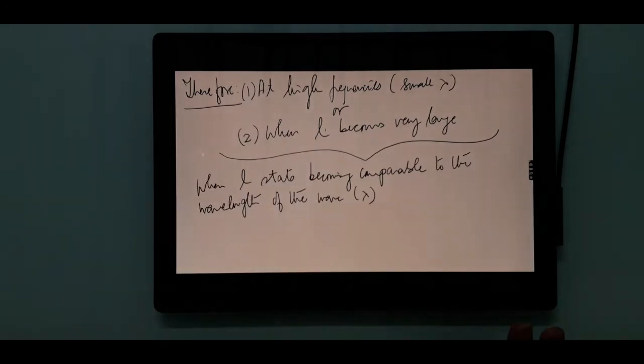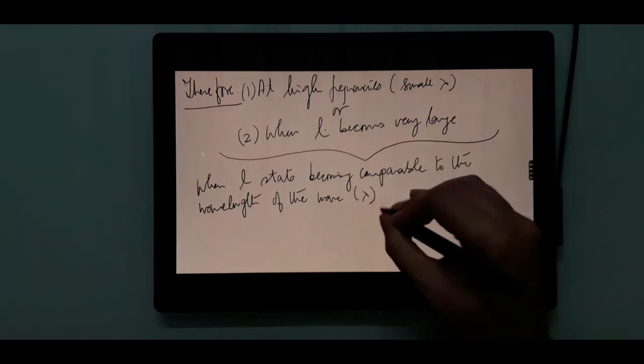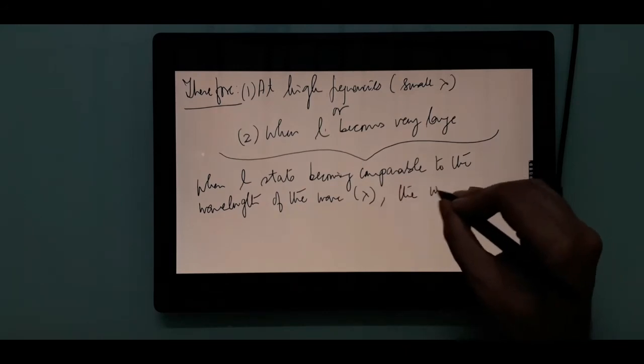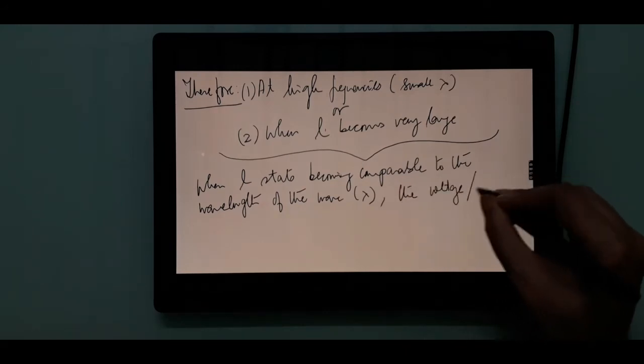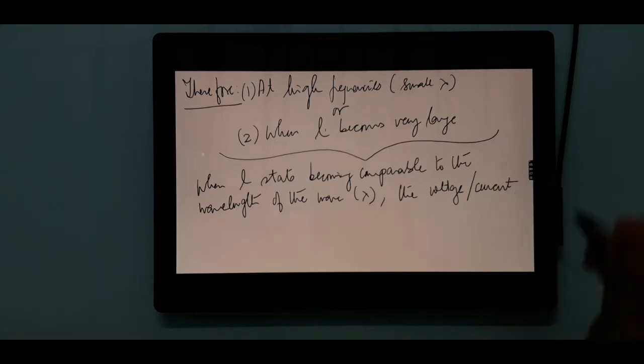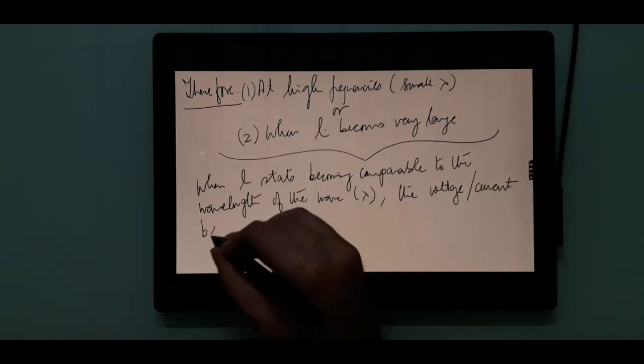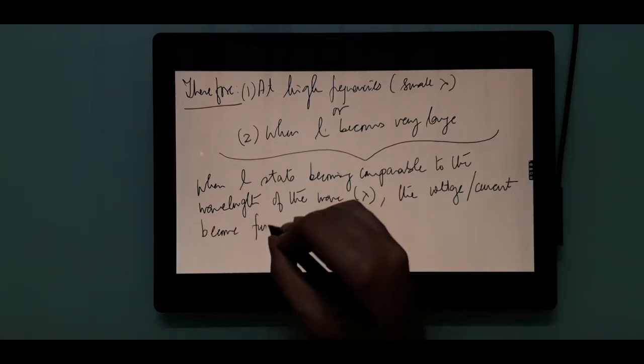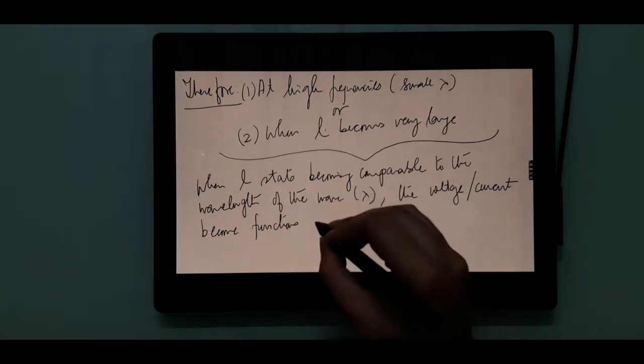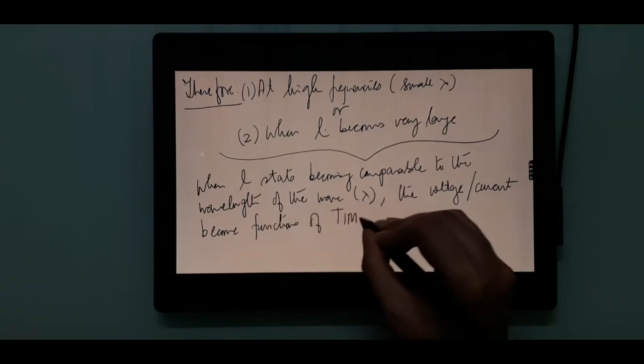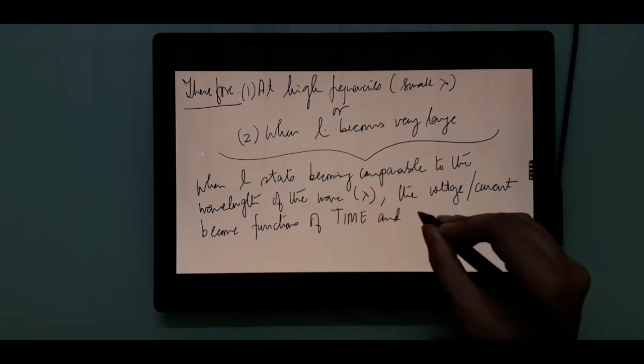So when L starts becoming comparable to the wavelength of the wave, that's lambda, the voltage or current become functions of time and position.